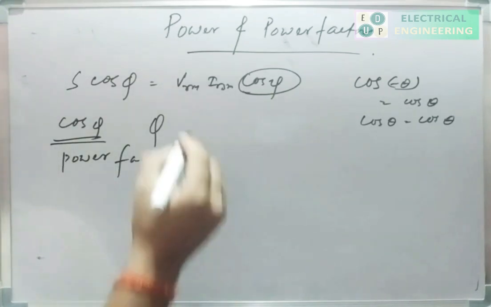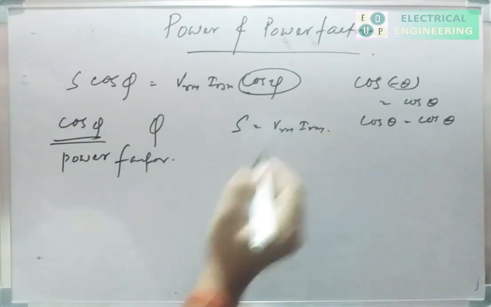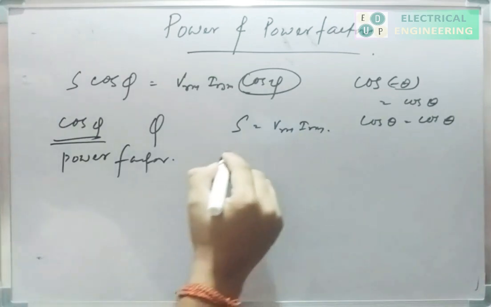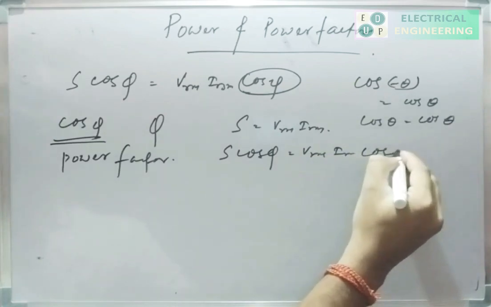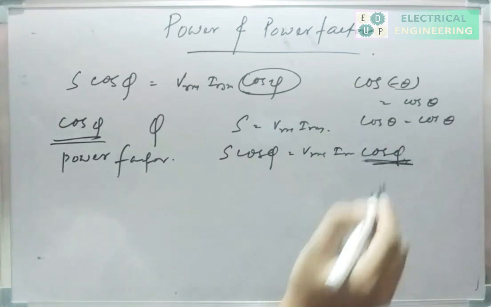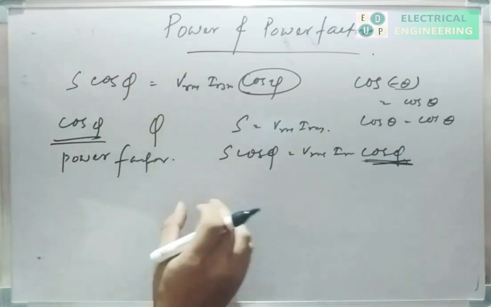So what is apparent power? Apparent power is S, which is VRMS and IRMS. And what is the real component? The real component is S cos phi, that is VRMS IRMS cos phi. So cos phi determines the real power component of this apparent power S.